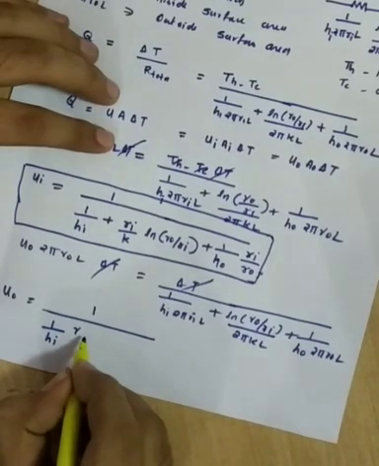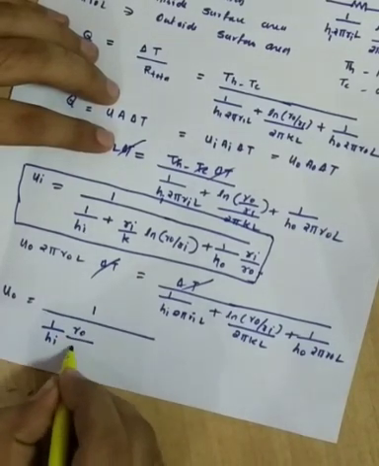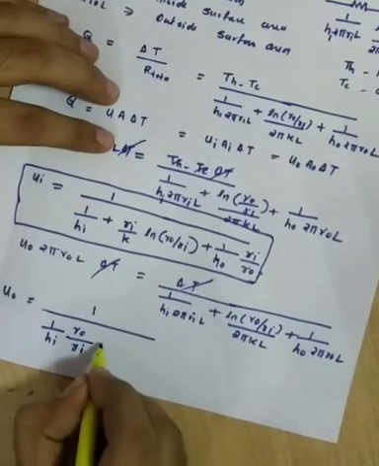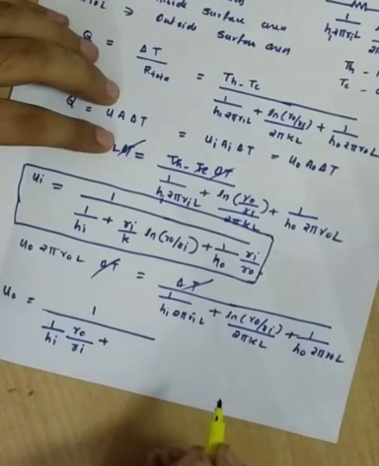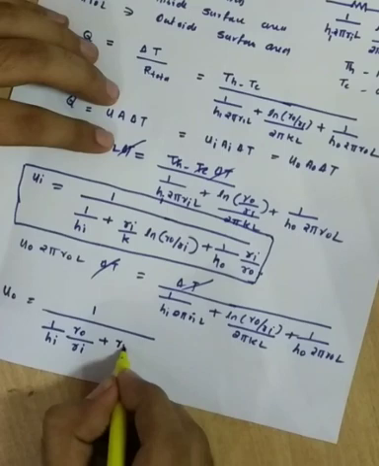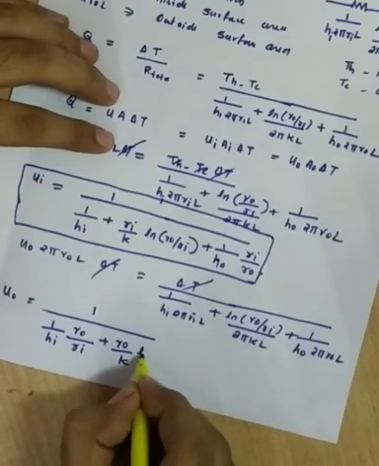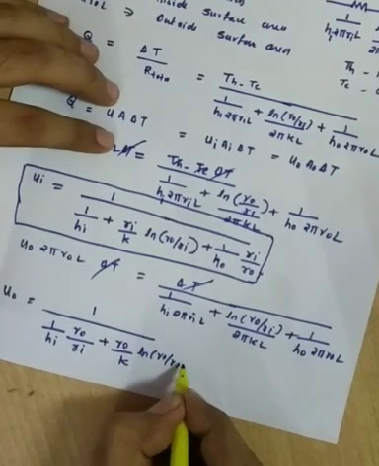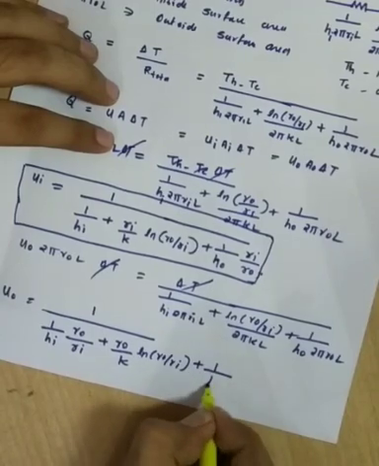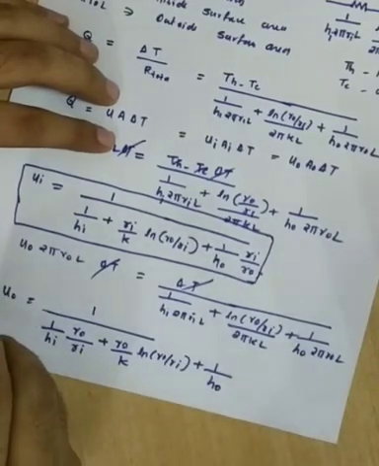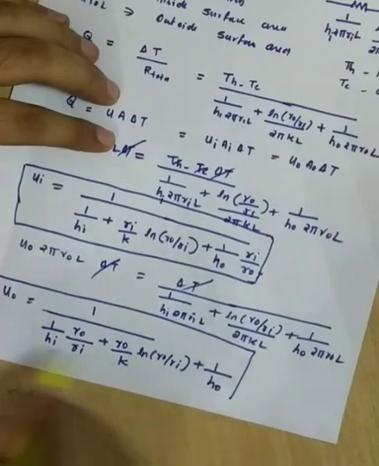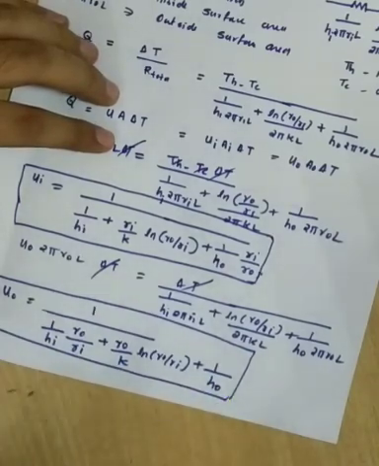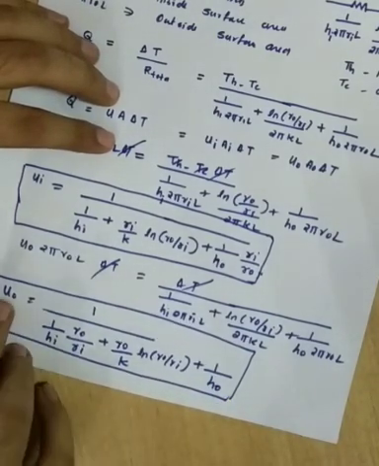Ro by Ri plus Ro by K log Ro by Ri plus 1 by ho. So this is Uo. So Ui and Uo.